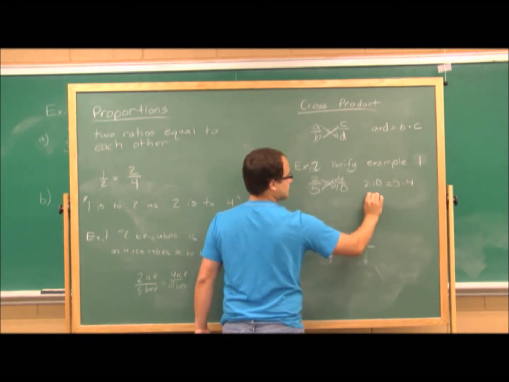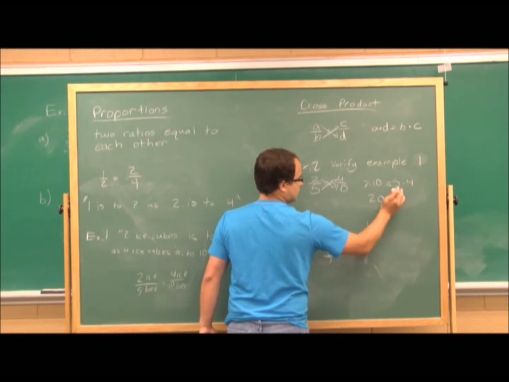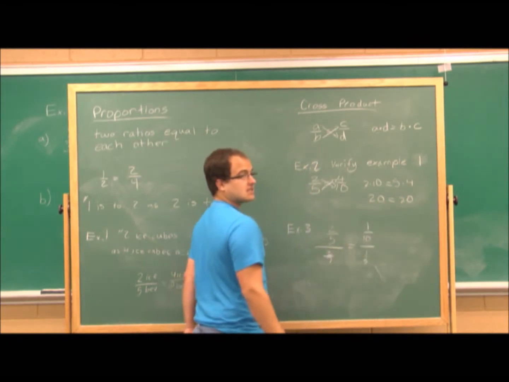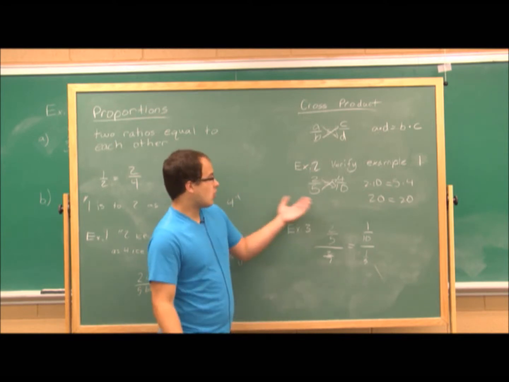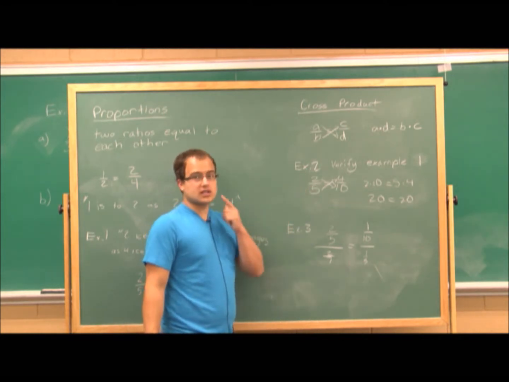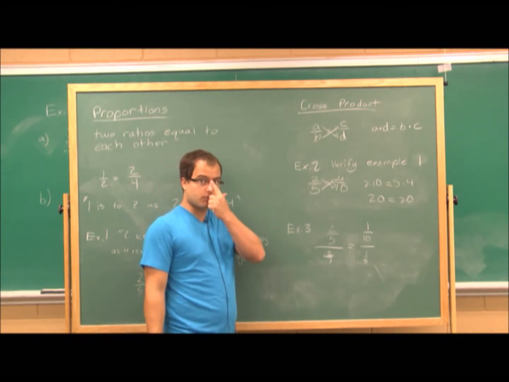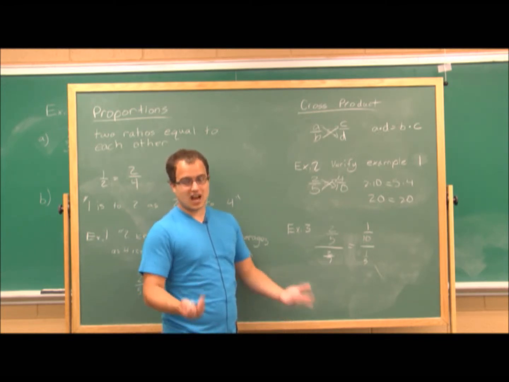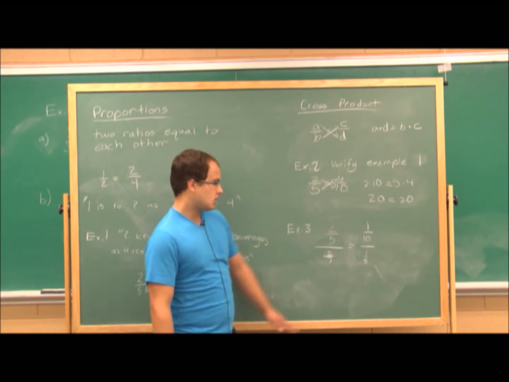Well, 2 times 10 is 20. Does that equal 5 times 4, which is 20? Yes. Since they are equal to each other, 2/5 equal to 4/10 is a true proportion. If they were not, then it is not a proportion because they aren't equal to each other.